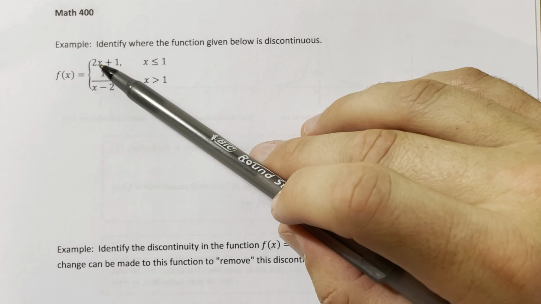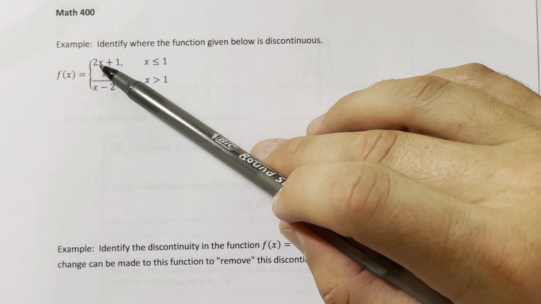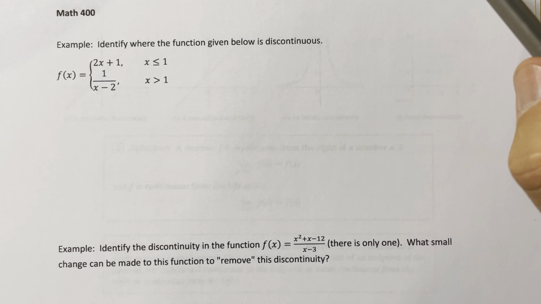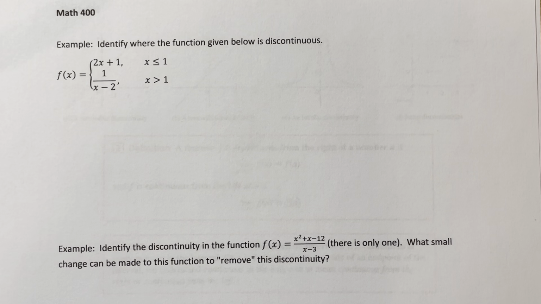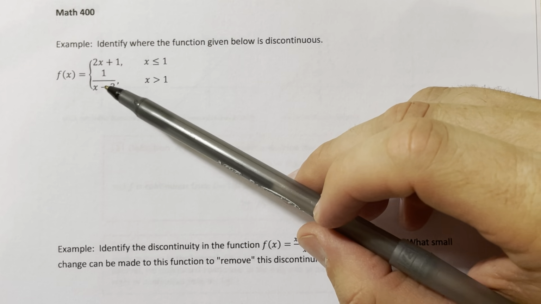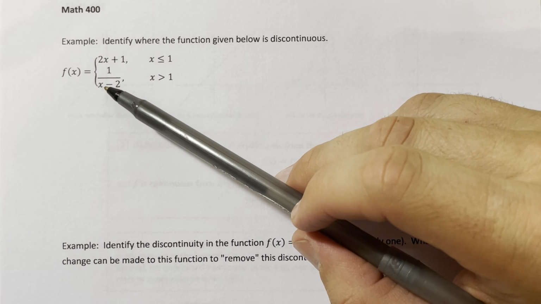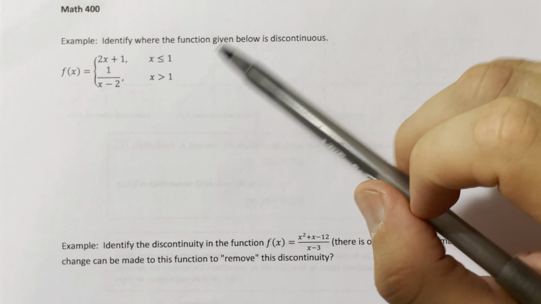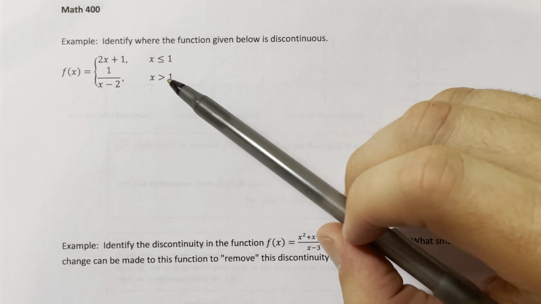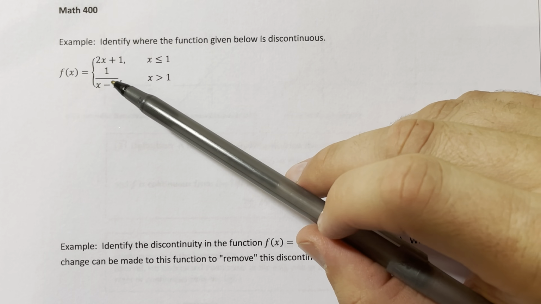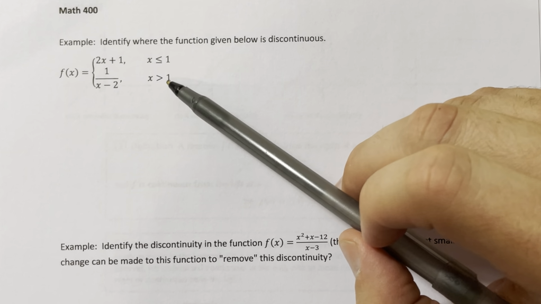But this piecewise function only allows us to use this linear expression when x is less than or equal to 1. This function right here is a rational function, and we know that rational functions are defined anywhere where their denominator would not be equal to 0. So I can see that this guy is not defined when x is equal to 2. And I also notice that it's appearing where my domain restriction here says that I use this expression anytime x is greater than 1.